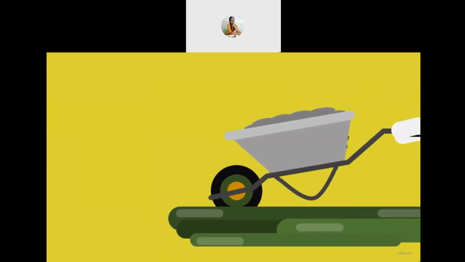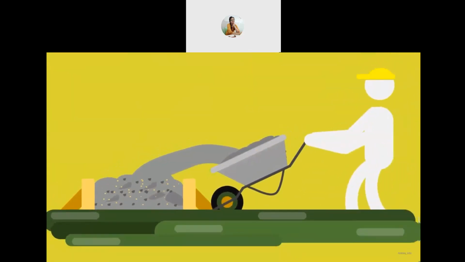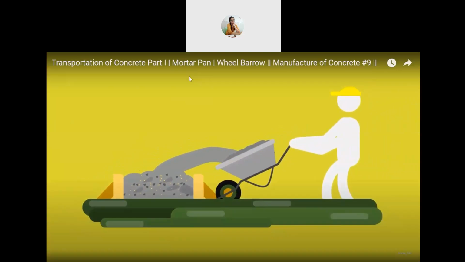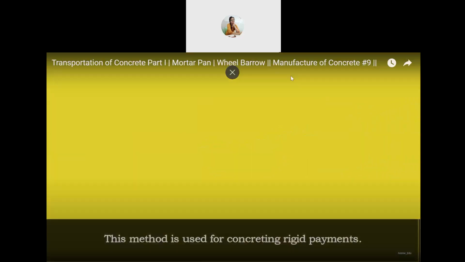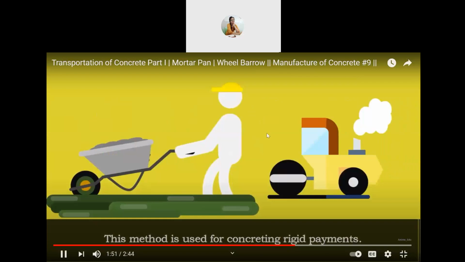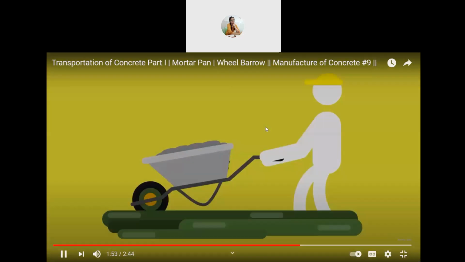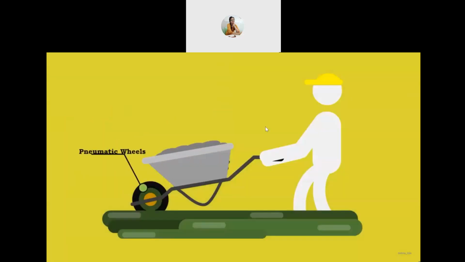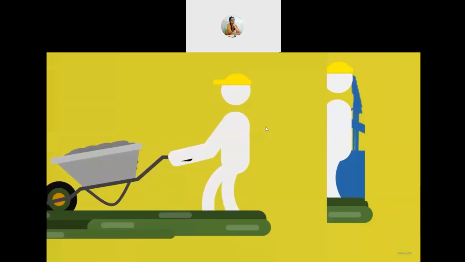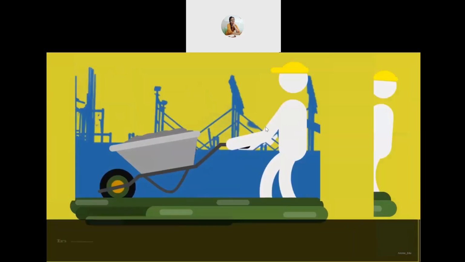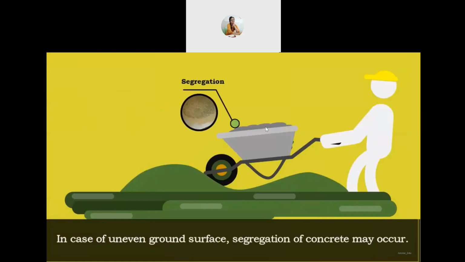Wheelbarrow. This type of transporting method is used for placing concrete at ground level. This method is used for concreting rigid pavements. The wheelbarrow is fitted with pneumatic wheels to facilitate the movement. In case of uneven ground surface, segregation of concrete may occur.